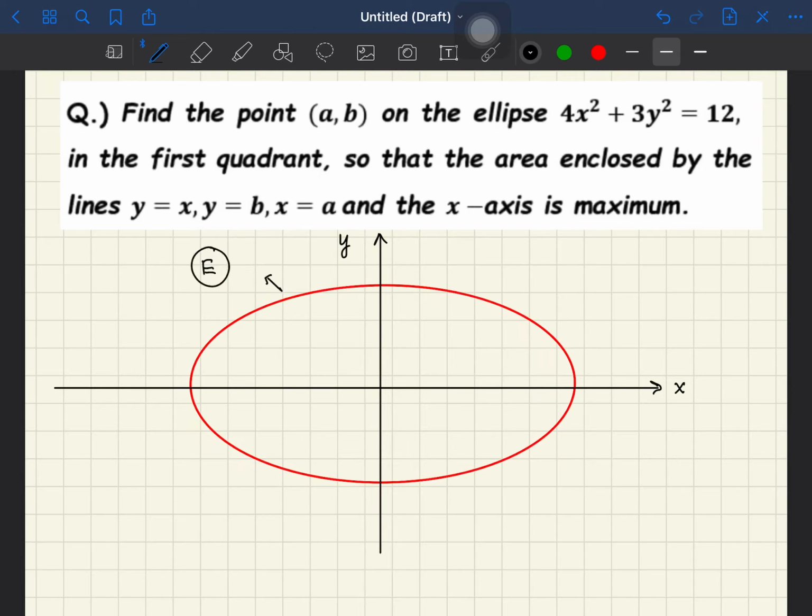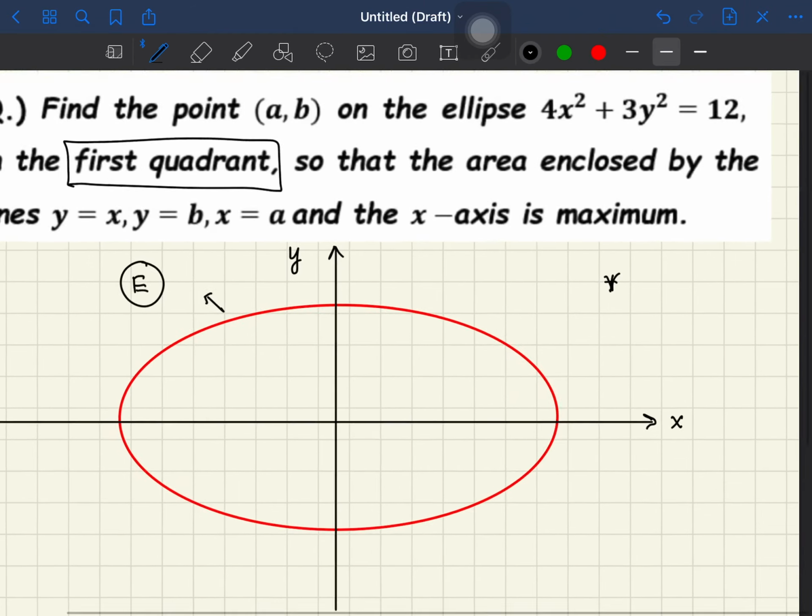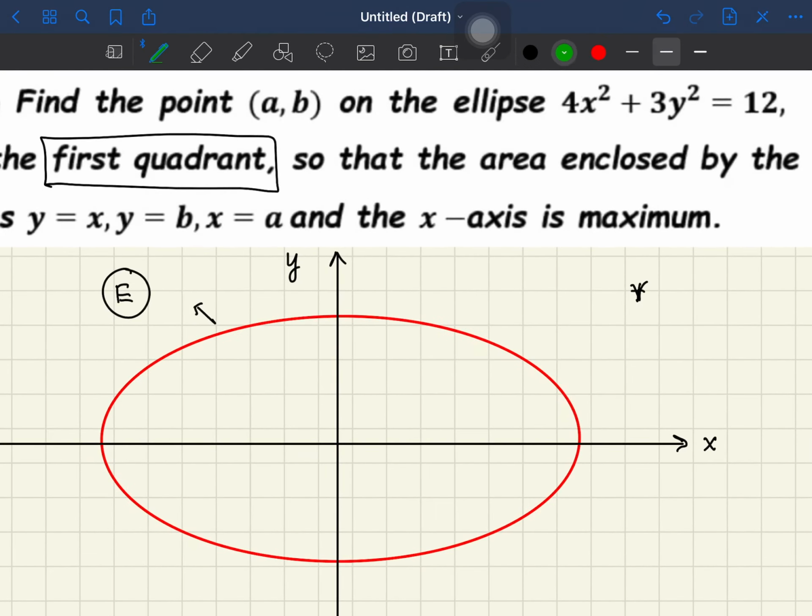And then we have a point AB in the first quadrant. First quadrant means it exists in this region, so we just focus on this region. We try to draw them. We try to name any point, like let's say this one here.